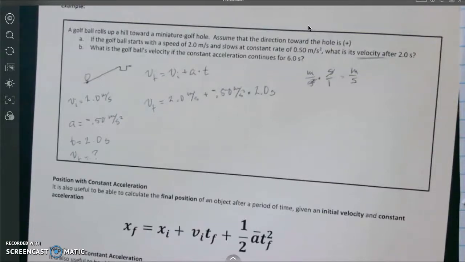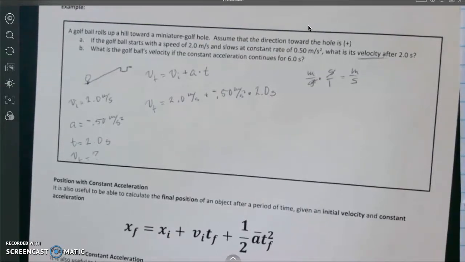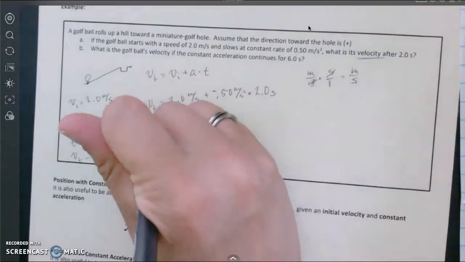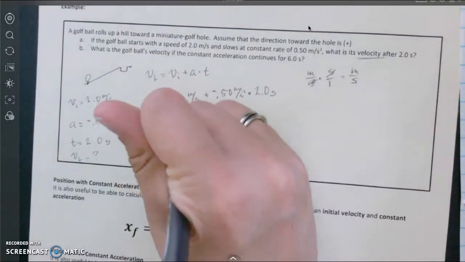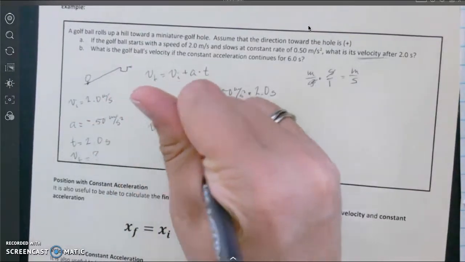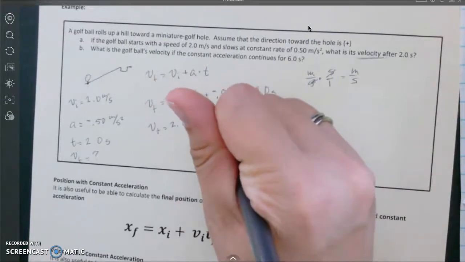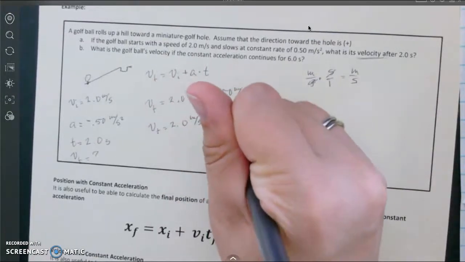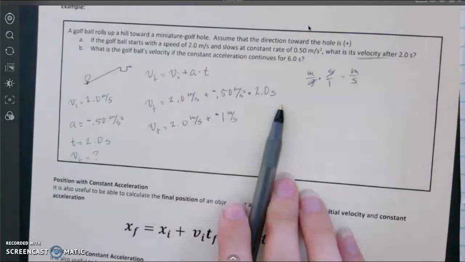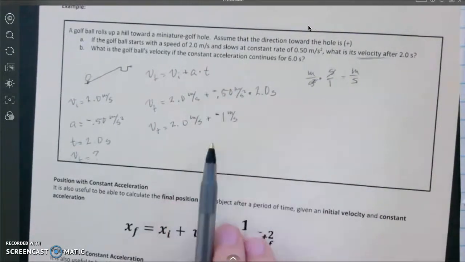Now, let's start plugging these values in. So we have 0.5 times 2.0. Velocity final is equal to 2.0 meters per second plus a negative 1 meter per second, because I just did the 0.5 times 2, but we had that negative there.